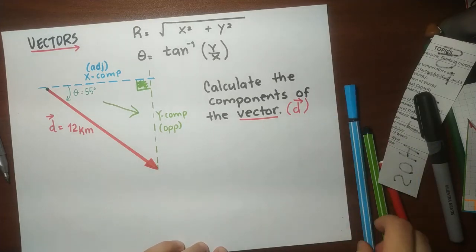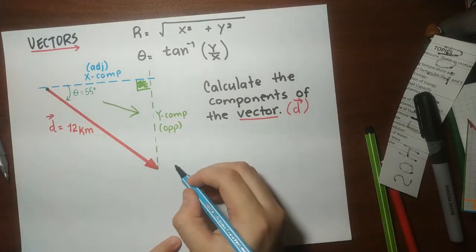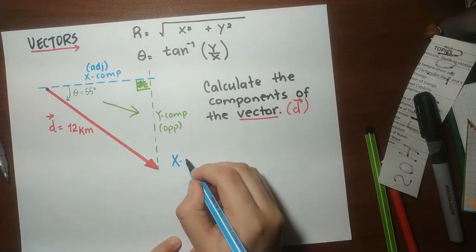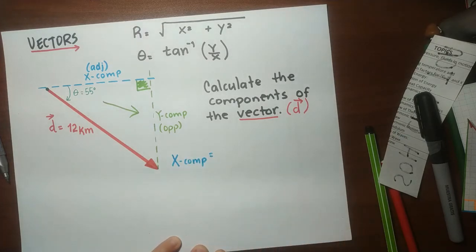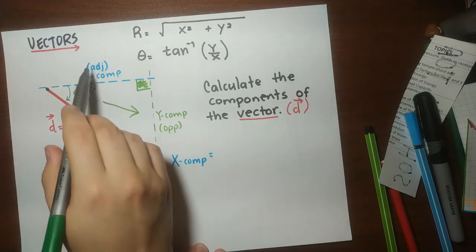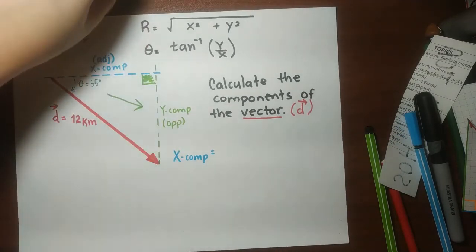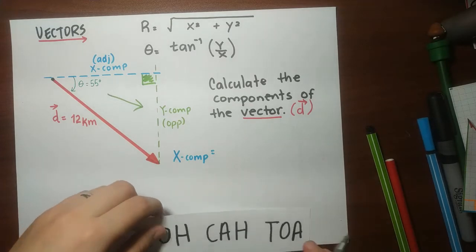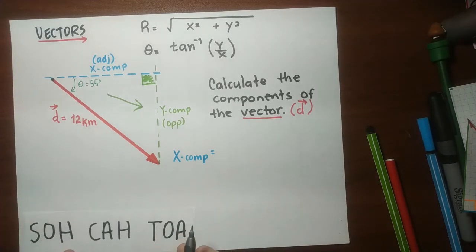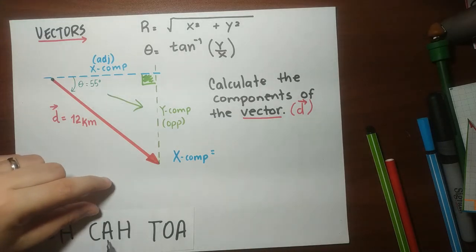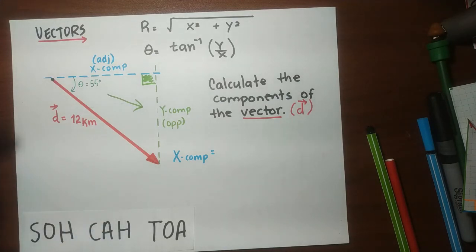As I have my x component adjacent to the angle, my x component will be equal to, as it is adjacent, from SOHCAHTOA I know that between SO and CA, the one that relates adjacent is cosine. So if I want to know my adjacent side, I can use CA to calculate it.